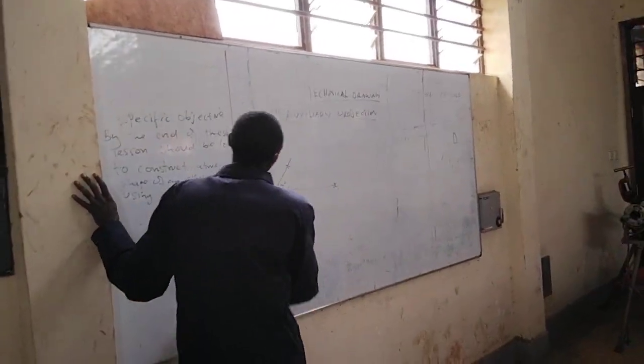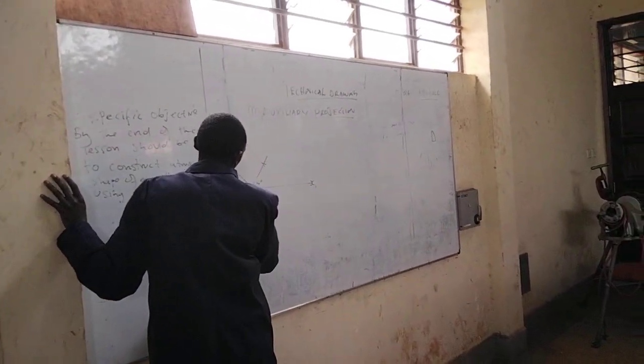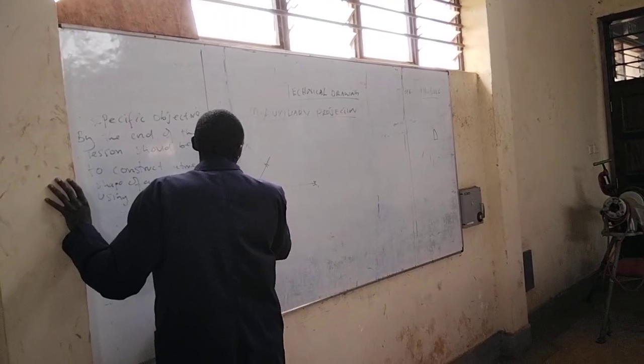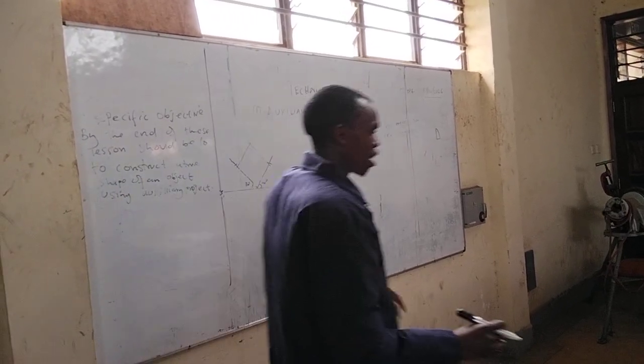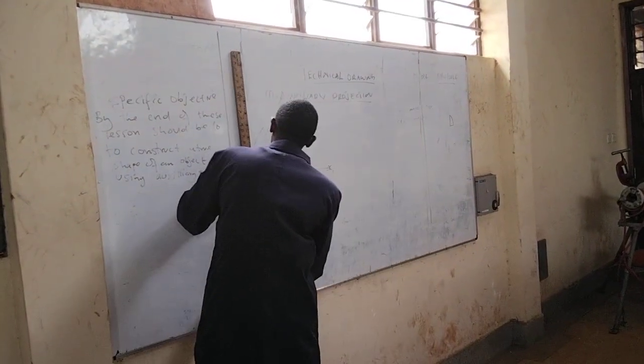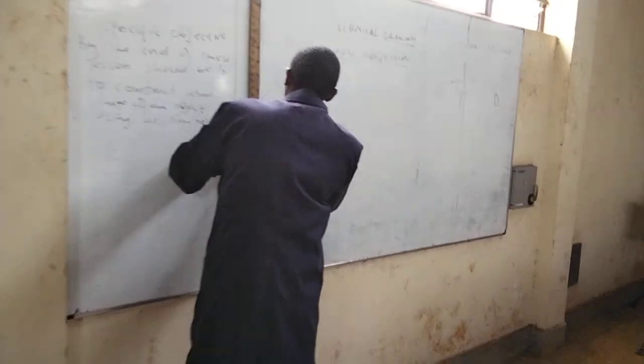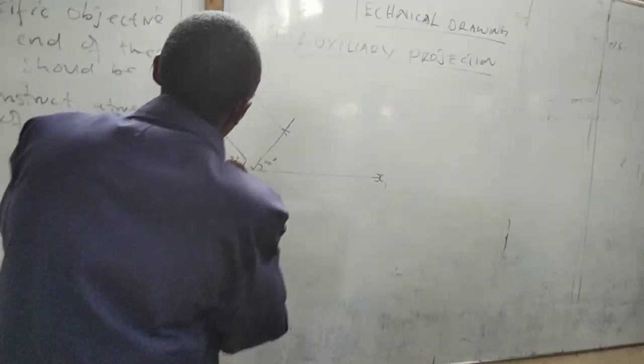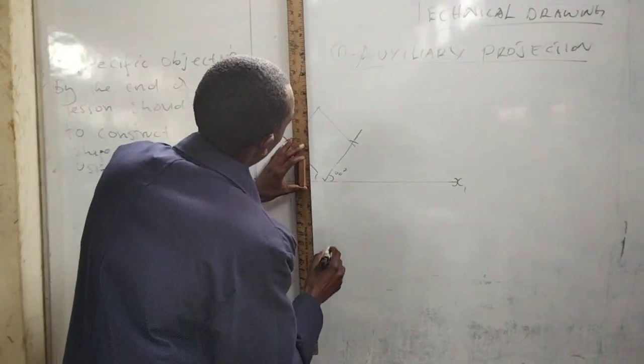So to come up with the plan, we project these points. How do we project? We transfer perpendicular lines like this one.